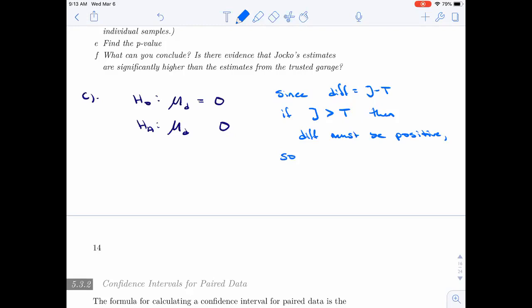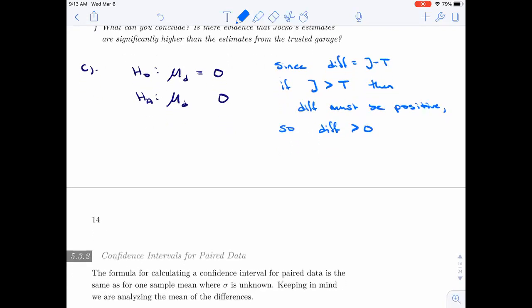So the difference must be greater than 0. Which makes our alternative hypothesis that mu D is greater than 0.